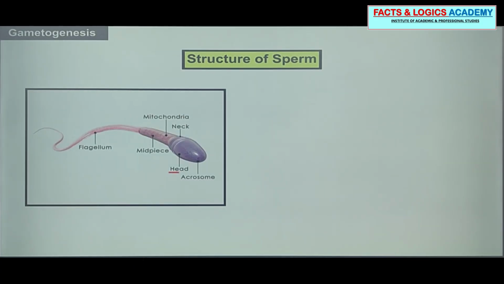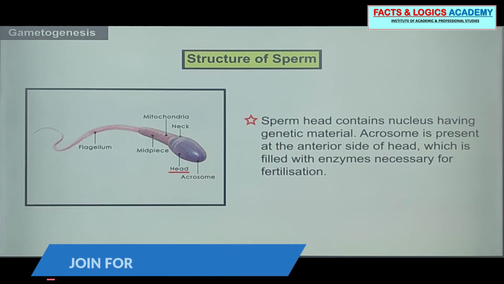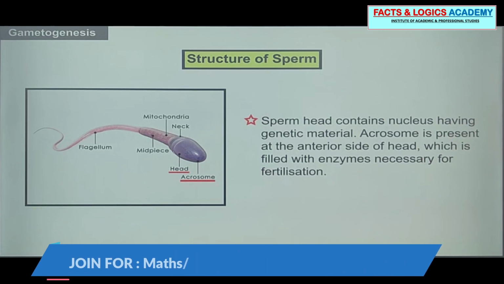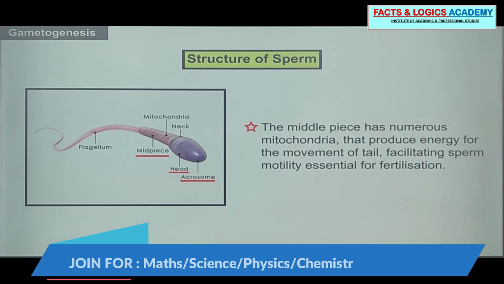The head part contains an elongated haploid nucleus containing the genetic material. The anterior portion of the head is covered by a cap-like structure called acrosome. The acrosome is filled with enzymes that help in the fertilization of the ovum. The middle piece possesses numerous mitochondria, which produce energy for the movement of the tail that facilitates sperm motility, which is essential for fertilization.